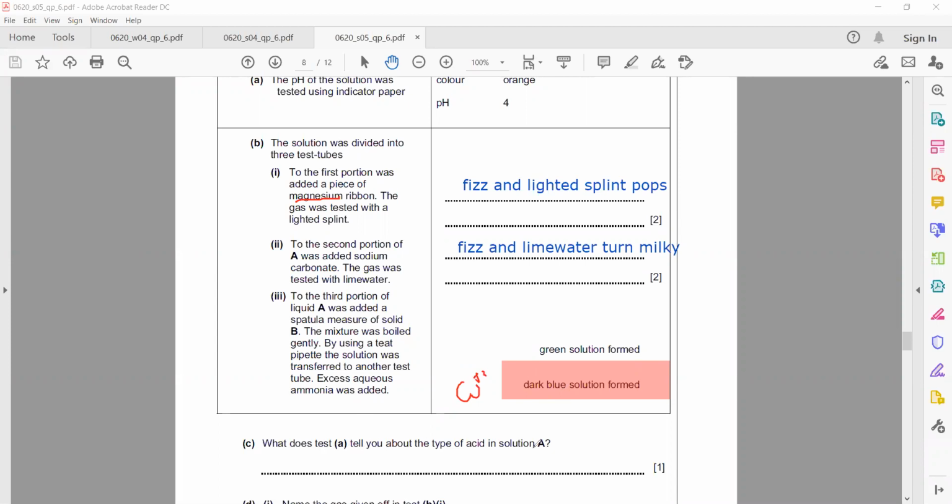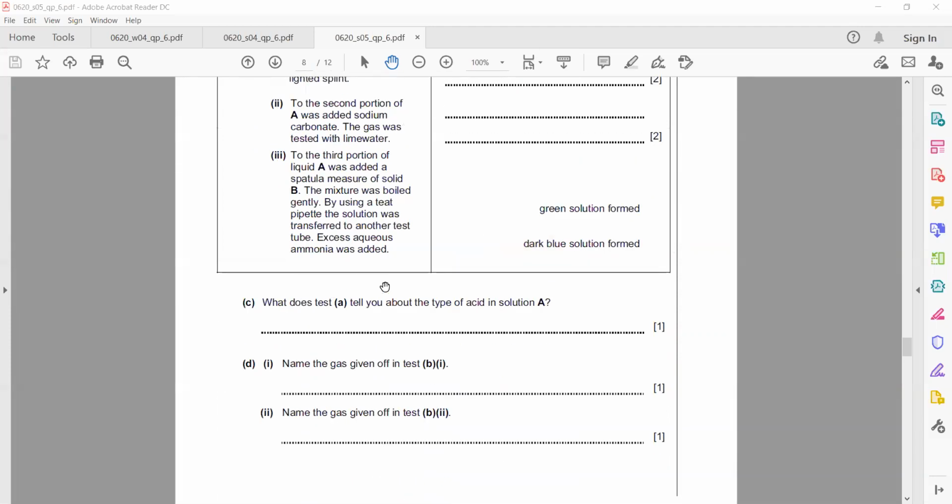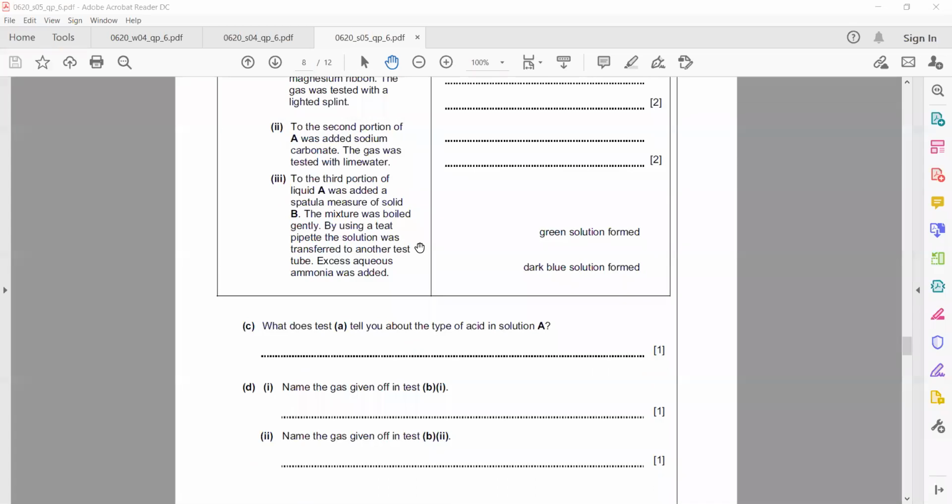What does the test A tell about the type of acid in A? So what does test A indicate when the pH was 4? It shows that it is a weak acid. Name the gas given off in test B1.